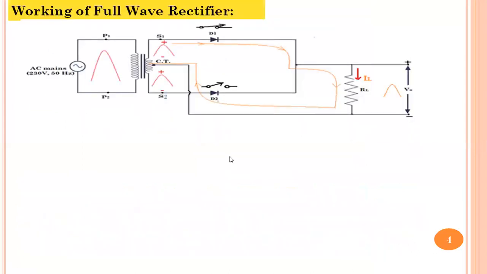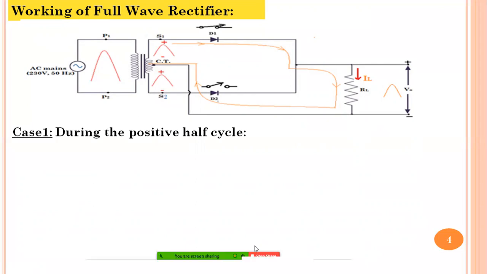We can divide the working, like what we did in case of the half wave rectifier, into two parts, positive half cycle and negative half cycle. Let's see here what happens if the AC mains input is in transition of the positive half cycle. That means potential at primary P1 is positive, whereas potential at primary P2 is negative during the positive half cycle of input AC.